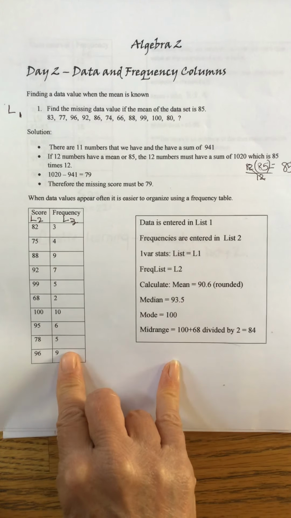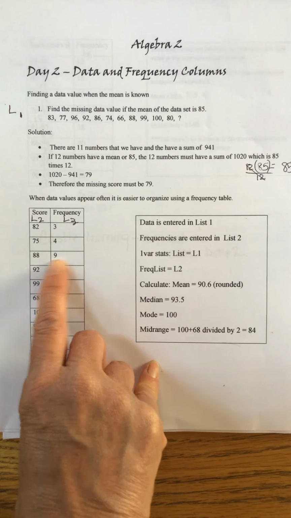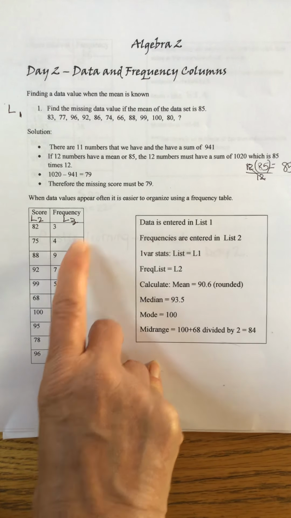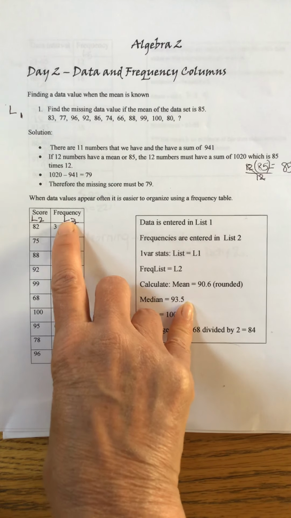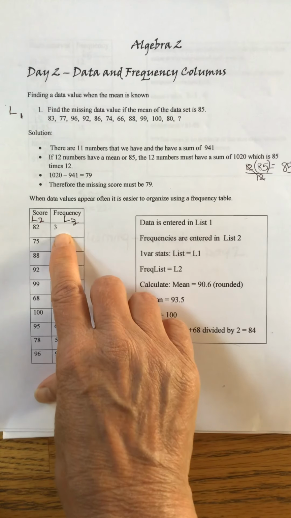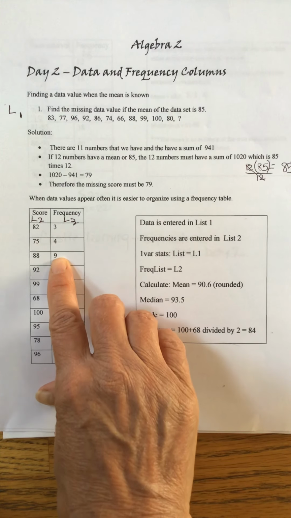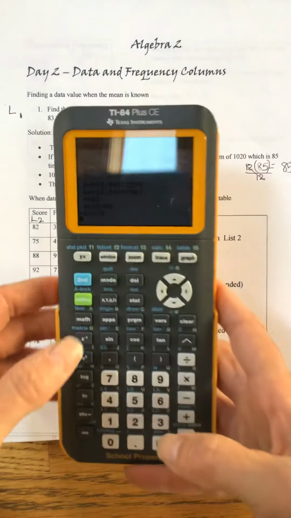So the frequency list tells the calculator to not just put 88 in, but to put 9 in. So if you tell the calculator that you have a frequency list, it will recognize that list as how many 82s, how many 75s, how many 88s, etc. So that's what I did. Now, you don't have to put them in list 1 and list 2, because I used my list 1.